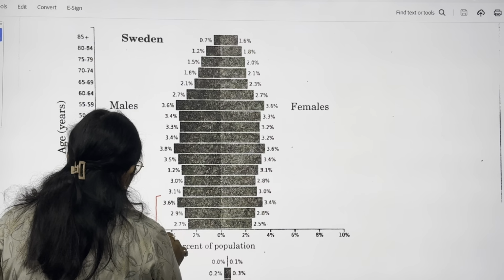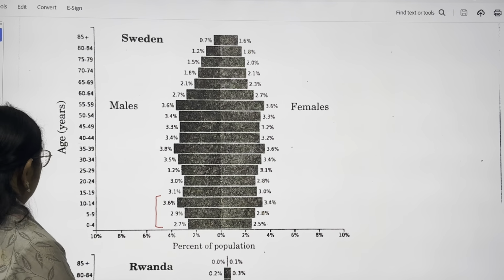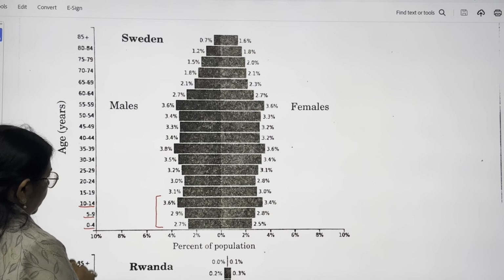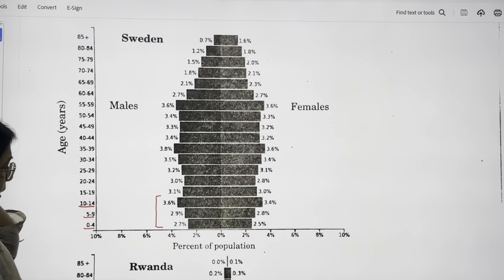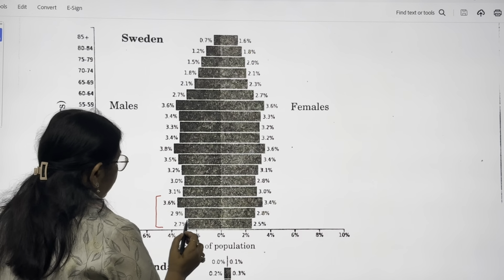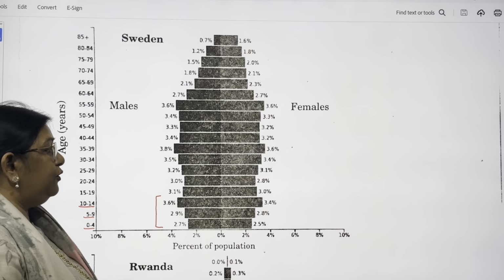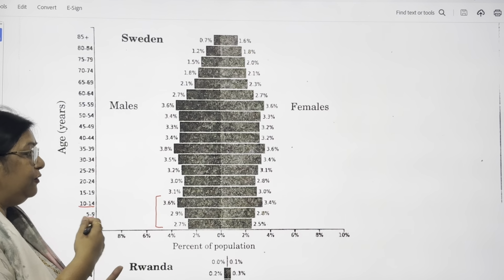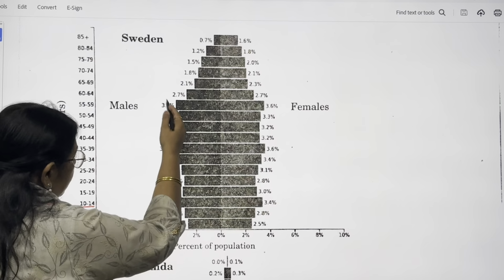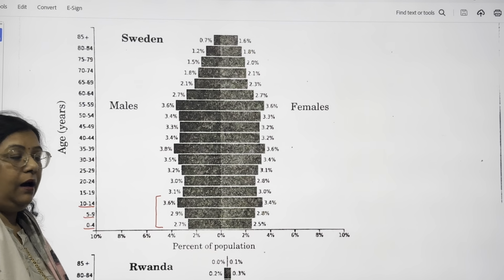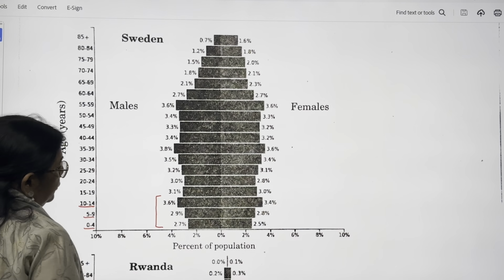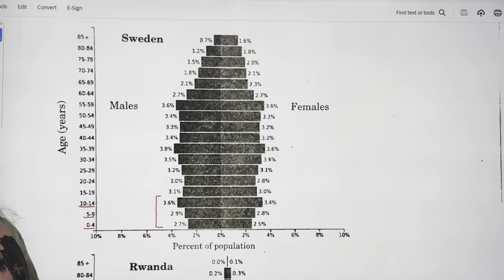This data is for pre-reproductive age. 10 to 14 years, 5 to 9, 0 to 4. 2.7%. It means the reproductive population will be decreased in the future. Number of males and females in the future will be lesser than the present condition. Understood? So, this is a declining type of population pyramid or age pyramid.